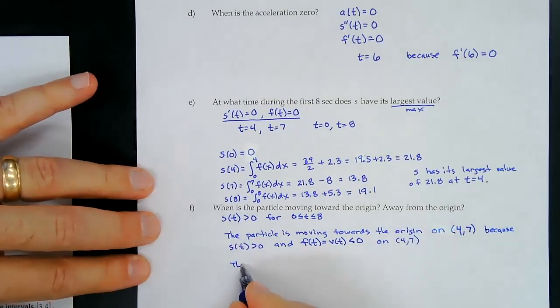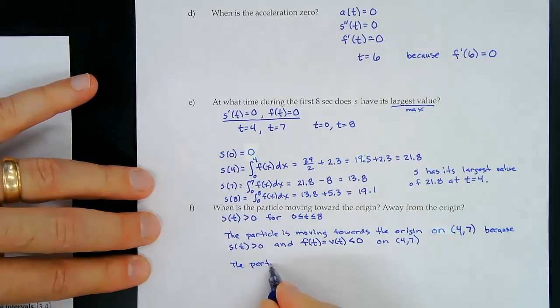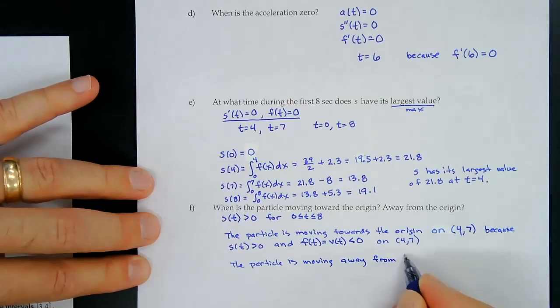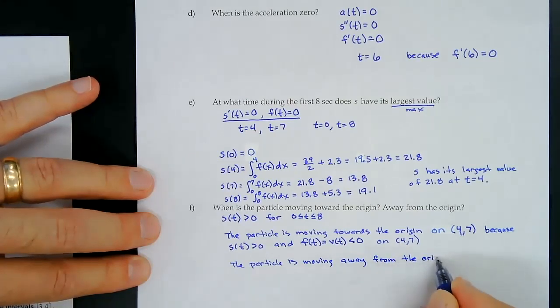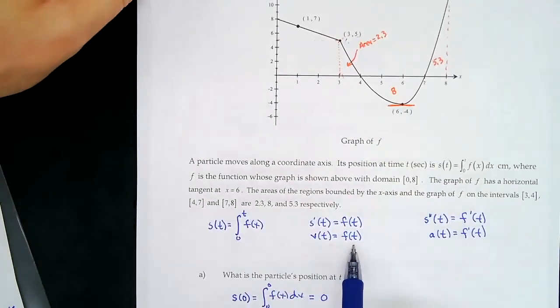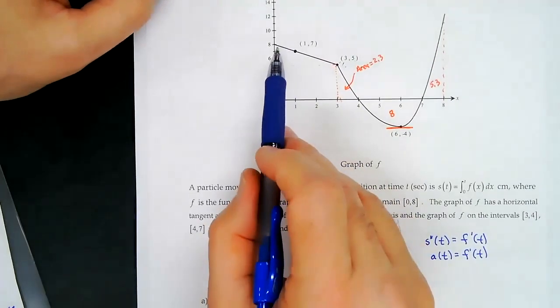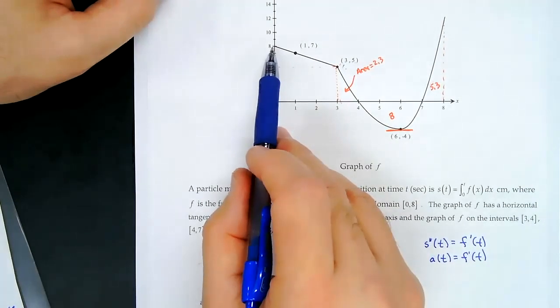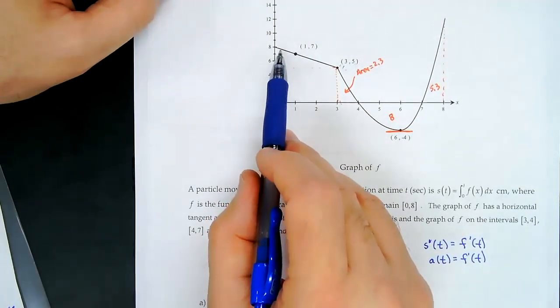So the particle is moving away from the origin on, okay, position at 0 is 0, and the velocity, which is f, is positive. So at time 0, it's not moving away from the origin, but just after it, it is.